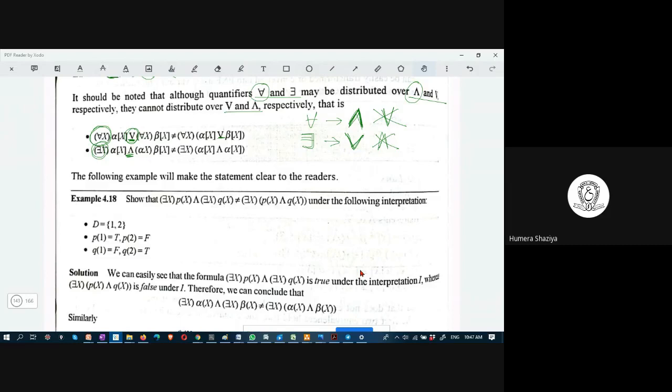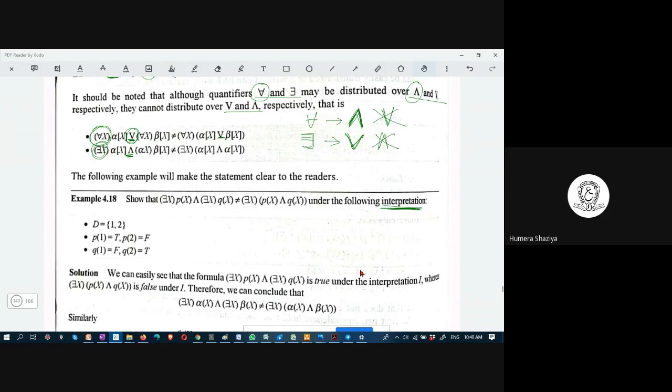Let us discuss this example. Show that there exists x, p of x, and there exists x, q of x is not equal to there exists x, p of x and q of x under the following interpretation. When you talk about interpretation, there are some values specified.